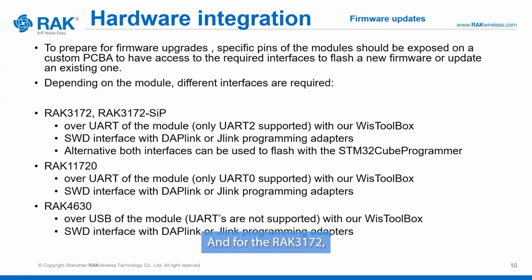And for the 3172, it's also possible to use the STM32Cube programmer either over the UART or over the SWD interface. If you use the UART, the only thing required is a UART to TTL adapter, USB to TTL adapter to connect to your computer.